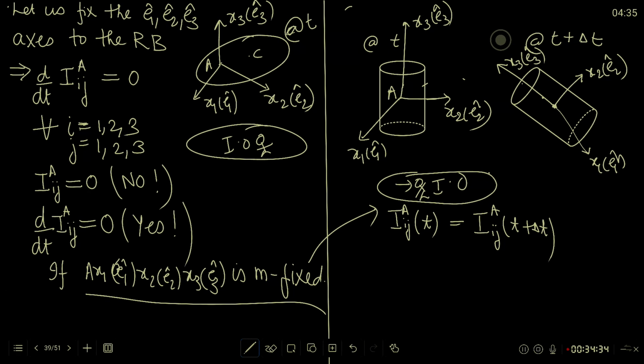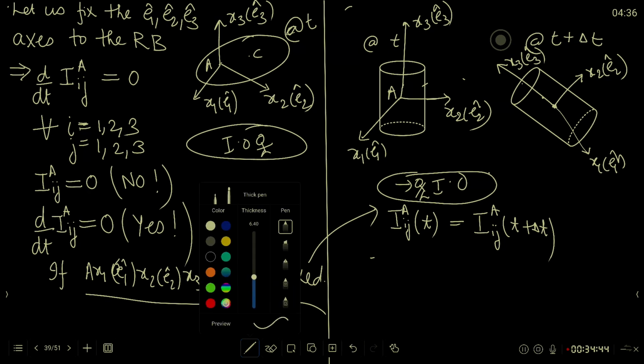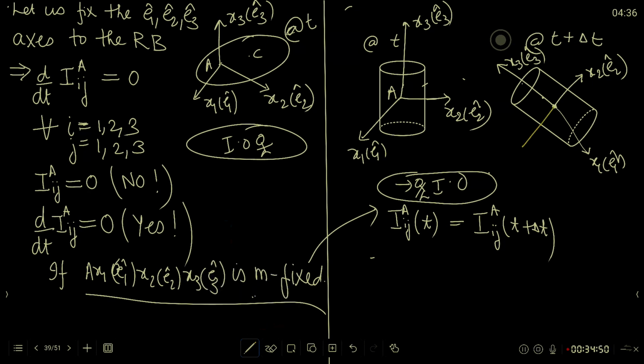If you had not imposed this, then what would have happened? Even if you keep the origin fixed and you did not put the axes embedded in the body, this will be the orientation of your working coordinate system.